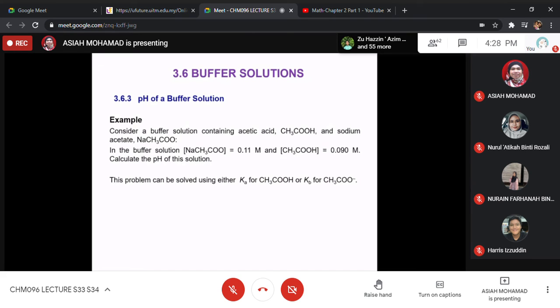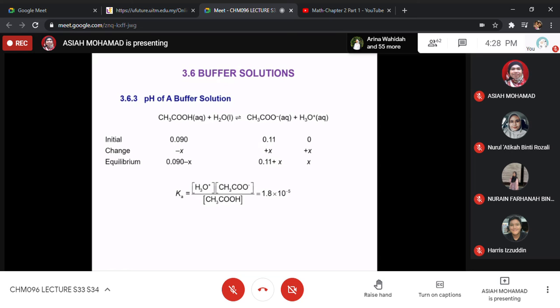Consider a buffer solution containing acetic acid and its salt, sodium acetate. The concentration of sodium acetate is 0.11 molar, while the concentration of acetic acid is 0.09 molar. Calculate the pH of this solution.